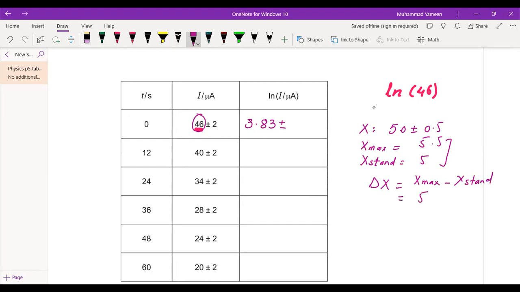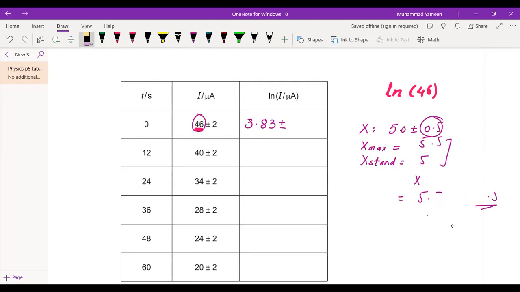So that is 5.5 minus 5, which is equal to 0.5, that you can see over here. So if you want to calculate absolute error in any value, then you can take its maximum value and subtract its standard value from the maximum value.